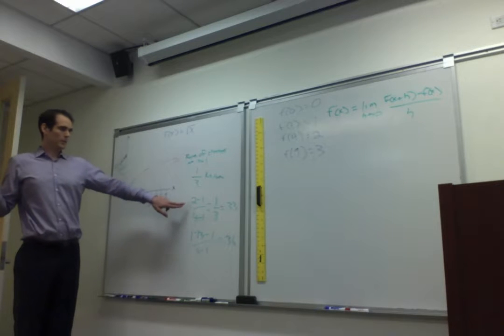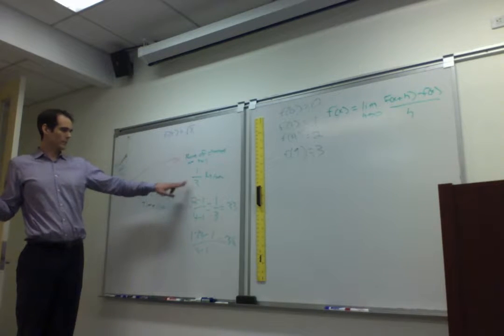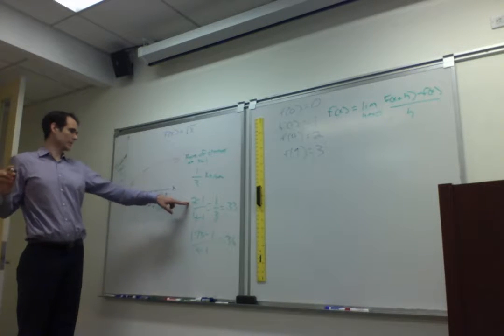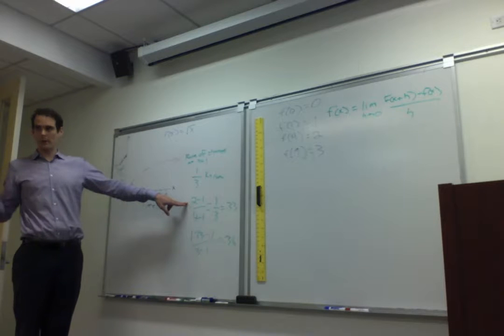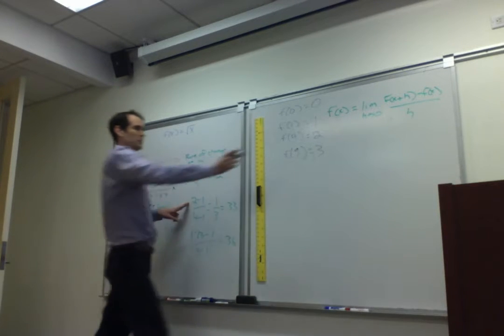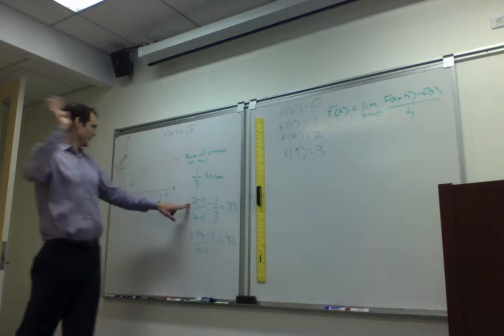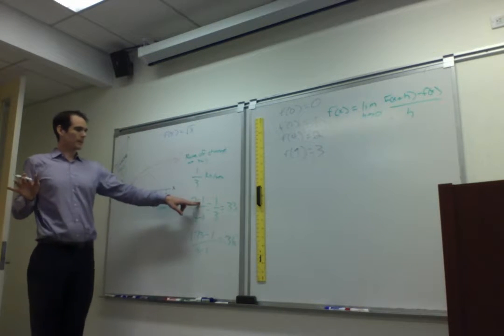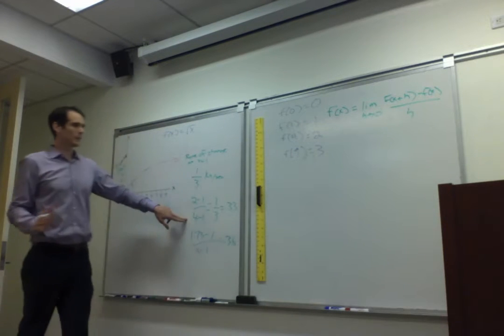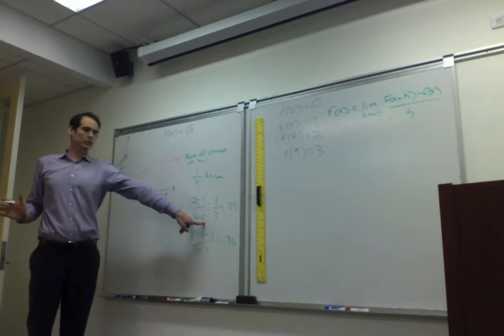In this example, the rate of change from 1 to 4, this is the larger number, x plus h. We said that is 2 kilometers. The smaller number is 1 kilometer, f of x. And the distance traveled was 3.